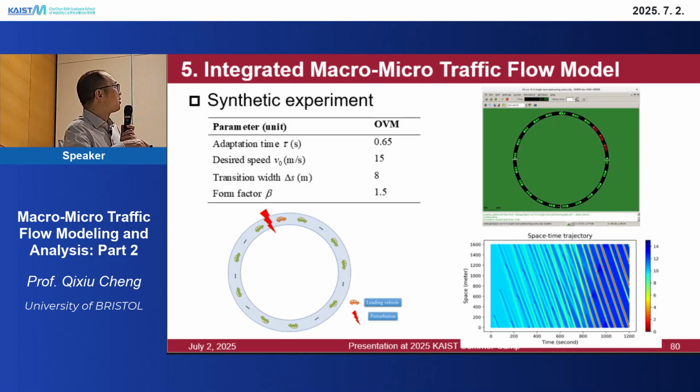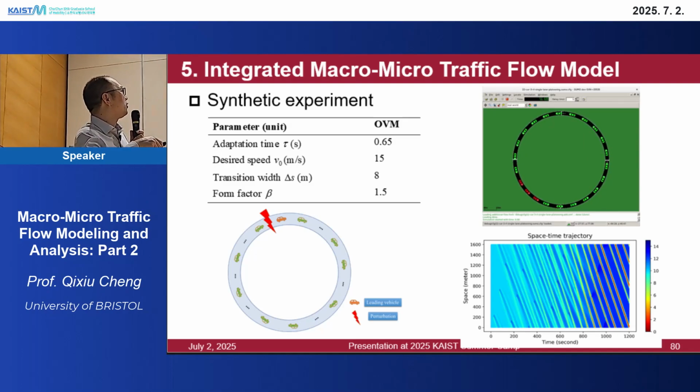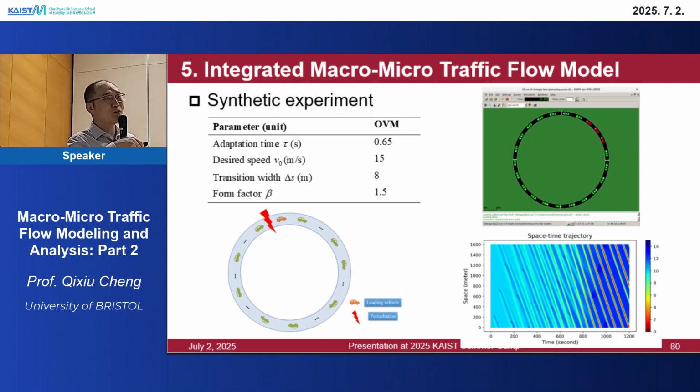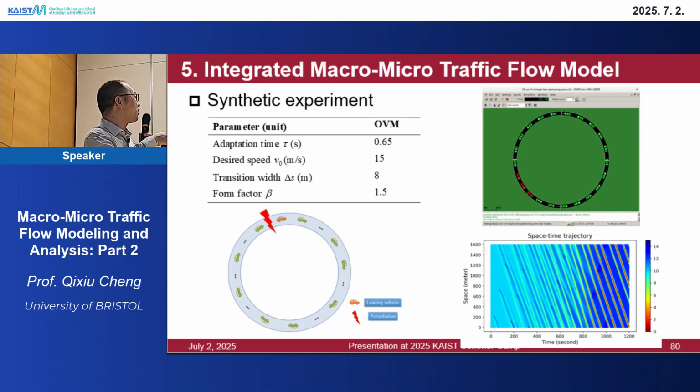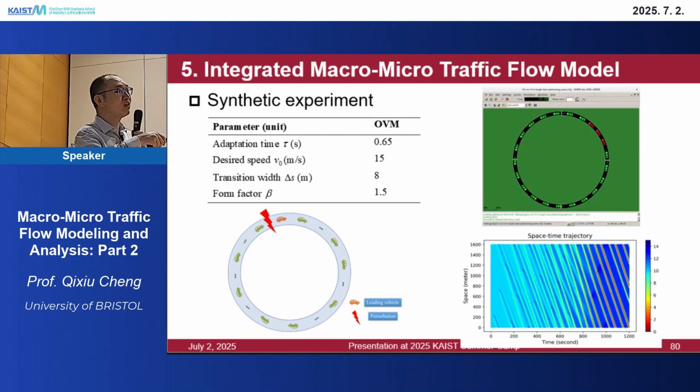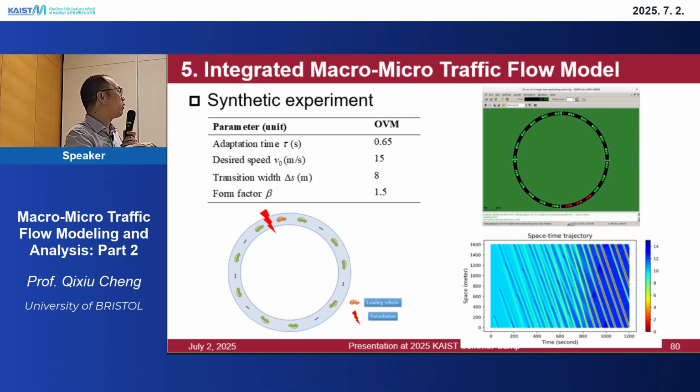So in the next experiment, we use simulation, because when we use simulation, we need to set the parameters first. So this will be treated as the ground truth. Then we run this simulation.